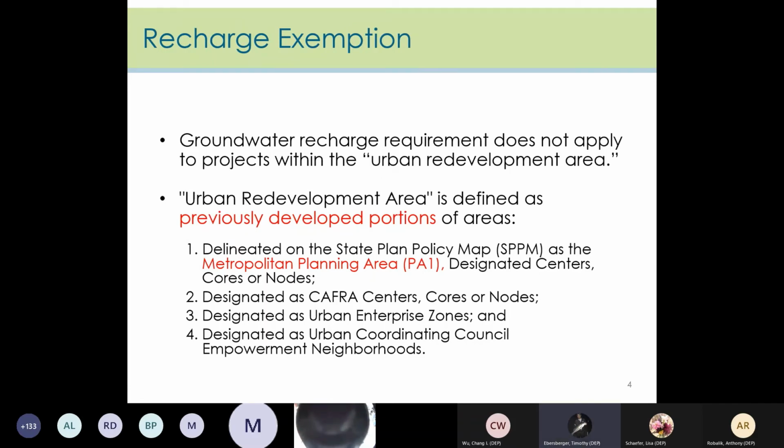Let's take a look at the stormwater management rules, specifically the recharge exemption. It says the groundwater recharge requirement does not apply to projects within the urban redevelopment area. And the urban redevelopment area is defined as previously developed portions of areas delineated on the State Plan Policy Map as the Metropolitan Planning Area 1, designated centers, cores, or nodes.